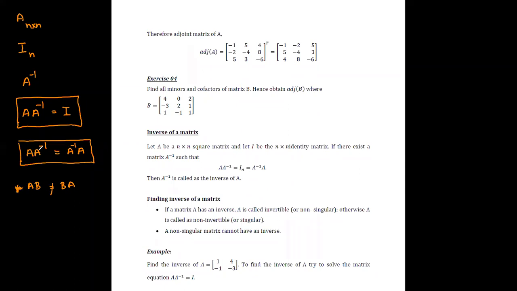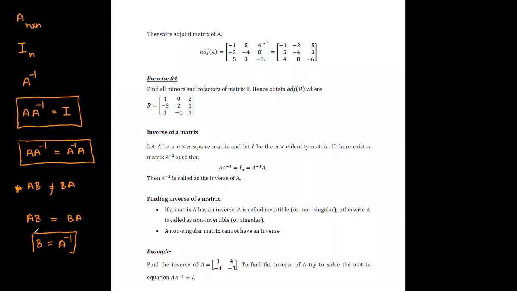But once we consider the inverse matrix, we can say that these two quantities are equal. Therefore, suppose that AB equals BA, then we say that B is A inverse. Generally, this happens. Therefore, once you multiply this, this would be equal to I as well.